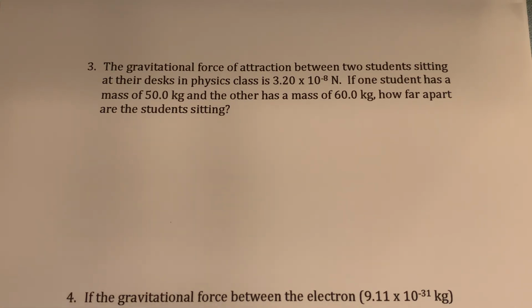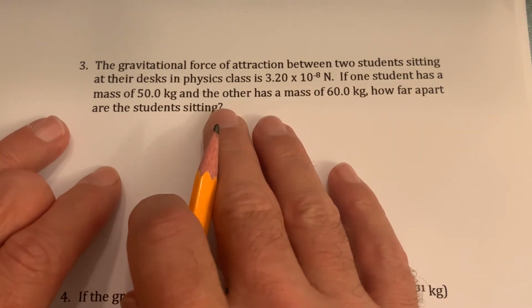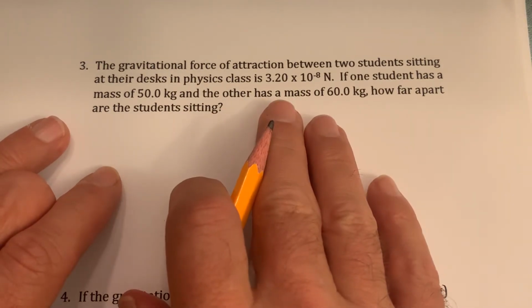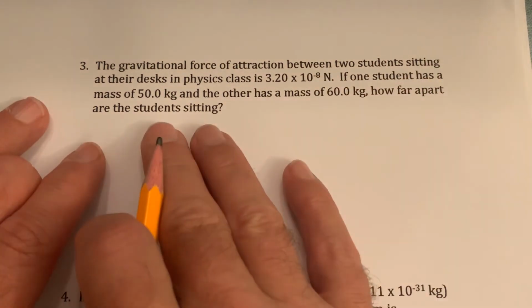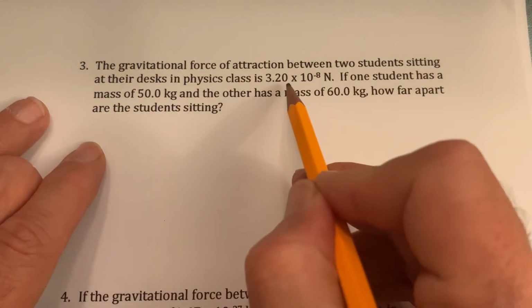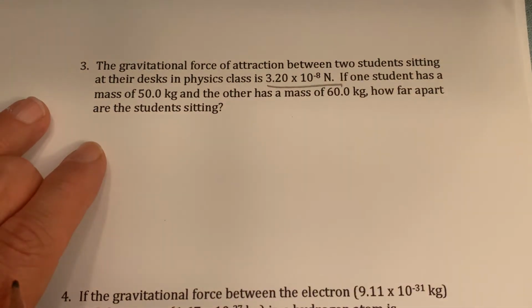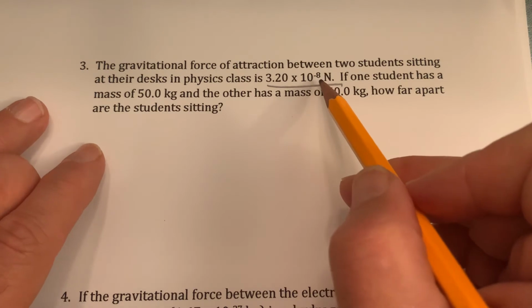All right, so let's look at the last two. Like this one would be something like every day. Like we want to see what the force of attraction is between two people sitting in a desk at school, or how far apart they are. So they give us the force of attraction between them is 3.2 times 10 to the negative 8, which makes sense.